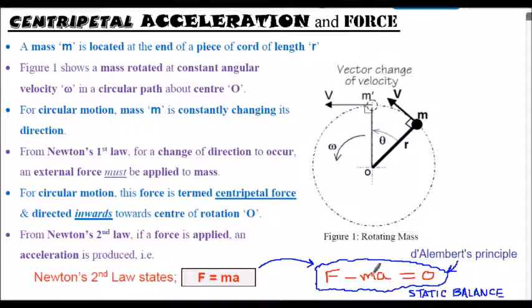And this negative ma is like a fictitious force that we're using to bring the system into static equilibrium. It doesn't exist really, but it's something we can use as a concept to give us this static balance which engineers like to use. And the reason I mention this is because in a minute we're going to use this principle of this fictitious force when we consider centrifugal forces.